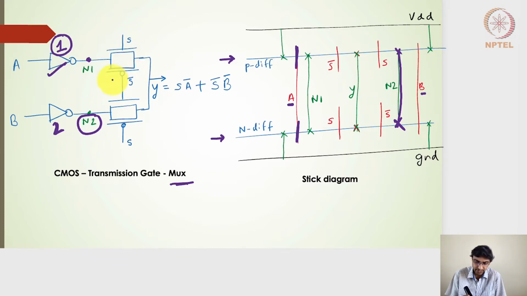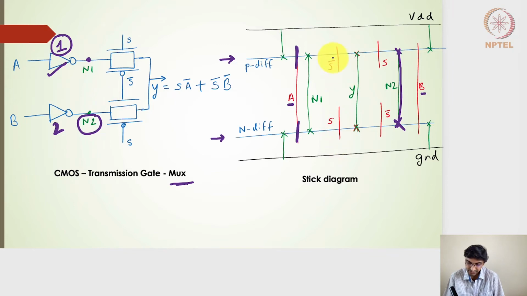Let's go to this particular transmission gate. In this particular transmission gate, I have two transistors, NMOS and PMOS. The PMOS gate is connected to S bar, and the NMOS gate is connected to S input, right? So what it means is, on the P diffusion I should have an S bar polysilicon gate, and on the N diffusion I should have an S polysilicon gate, right?